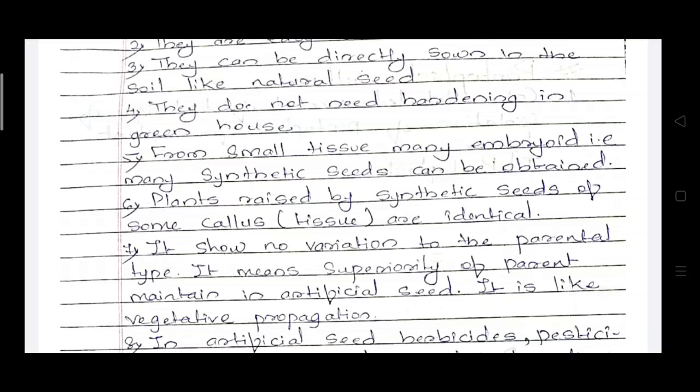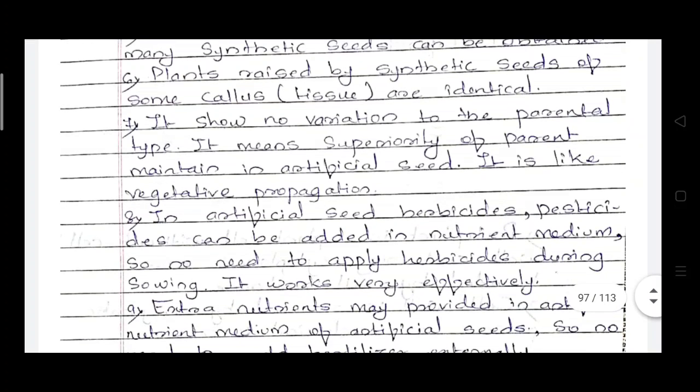It is like vegetative propagation. In artificial seeds, some herbicides and pesticides can also be added in the nutrient medium. So there is no need to apply herbicides during sowing. So it works very effectively.